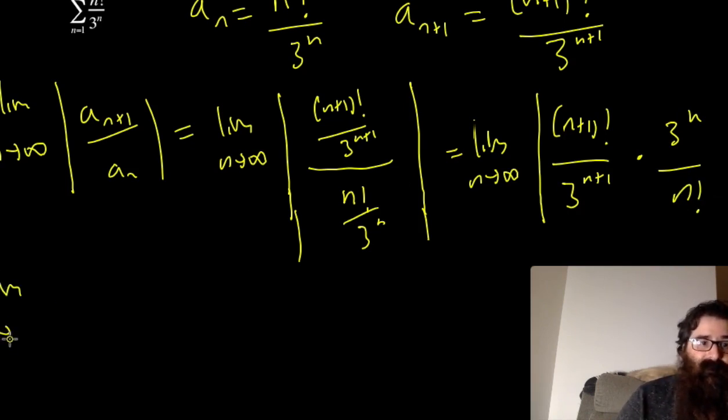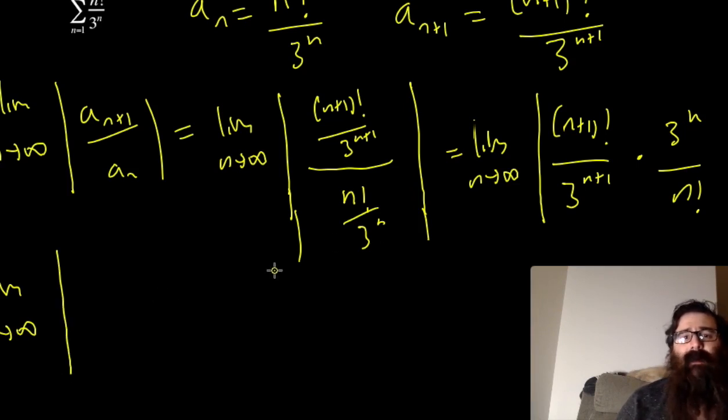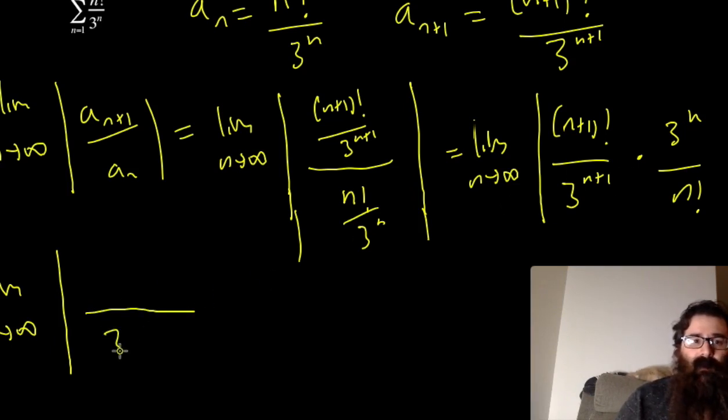Let's say limit as n goes to infinity, absolute value of. Now I can start breaking things up. Let me start in the denominator: 3 to the power of n plus 1, that's 3 times 3 to the n. And I can just write that other numerator.